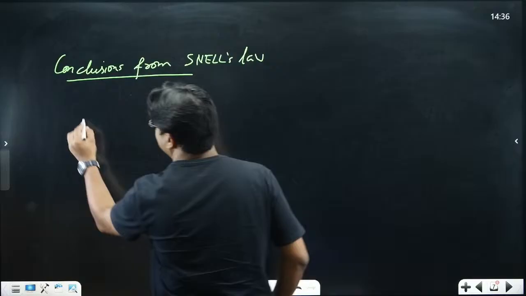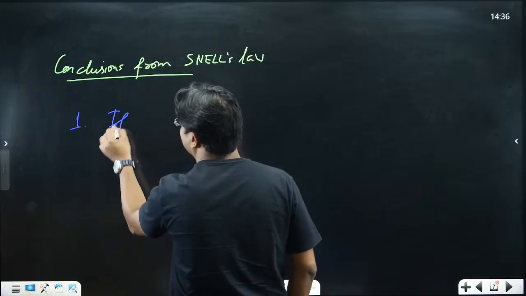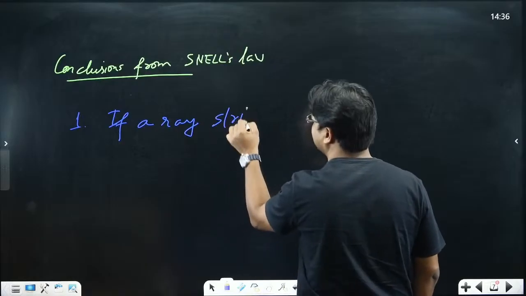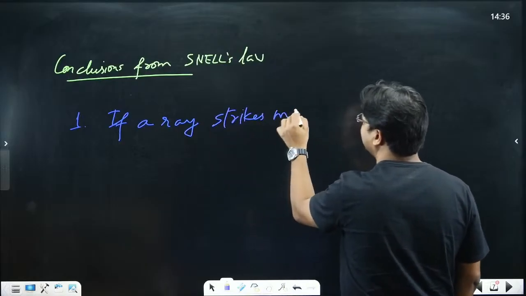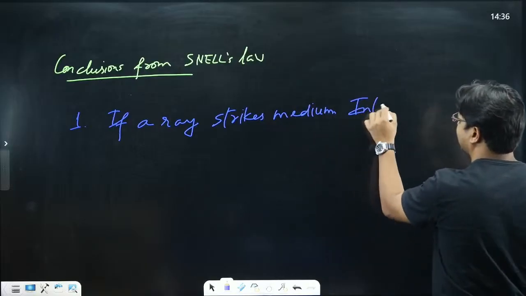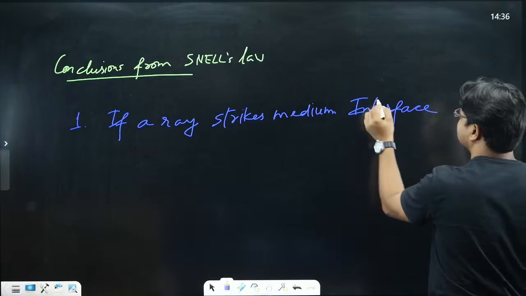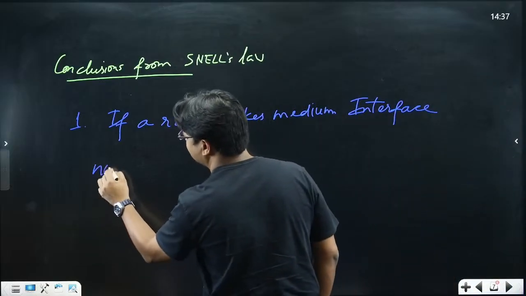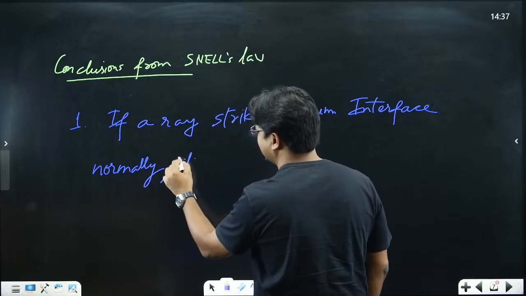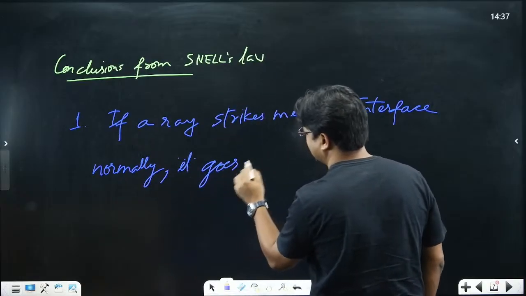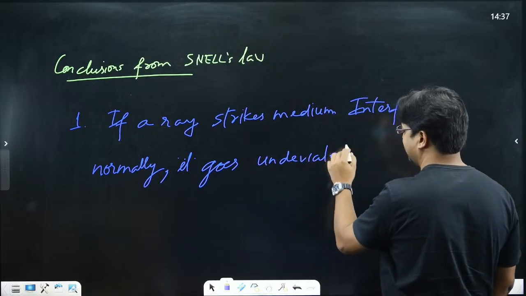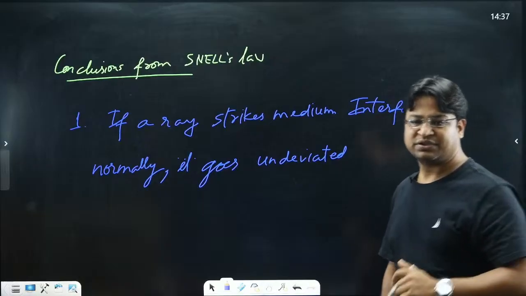So from Snell's law, we can conclude that if a ray strikes the medium interface normally, it goes undeviated into the second medium. That is the first point.